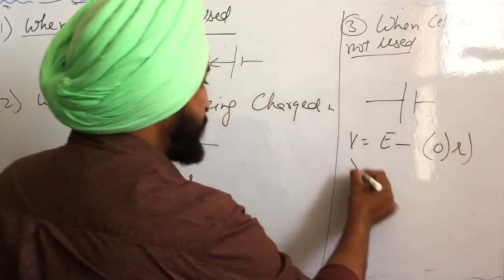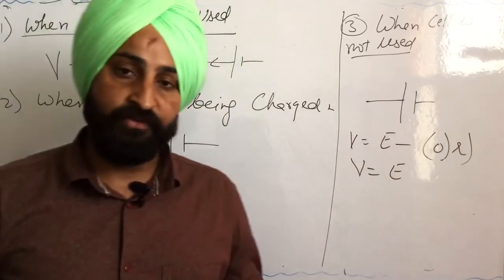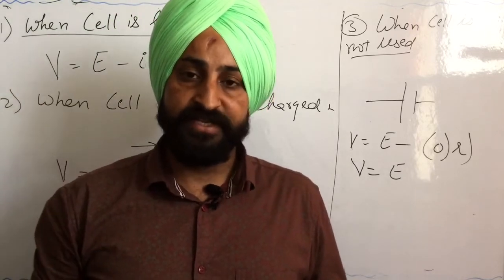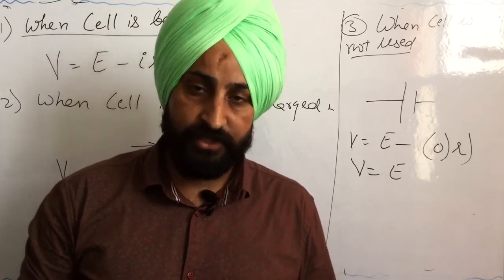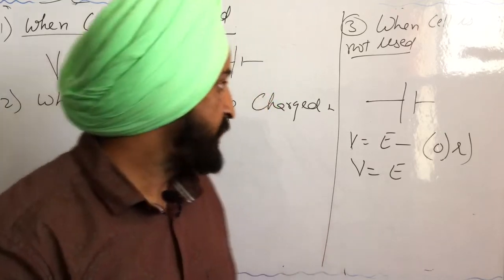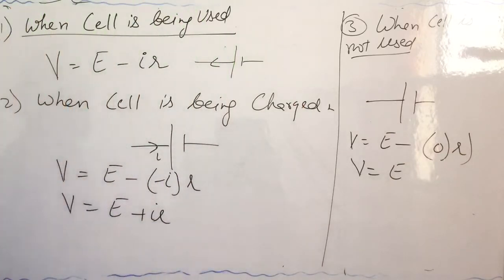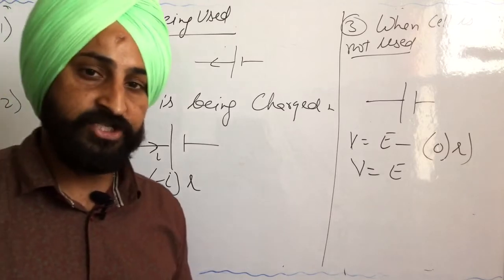So if current is 0, electric potential would be equal to EMF. So always electric potential is lesser than EMF, but there is one case when we can say that electric potential or potential difference is equal to EMF, and that case is when we are not using the cell. Fine. So these are the points which we have discussed regarding the relationship between electric potential and EMF.